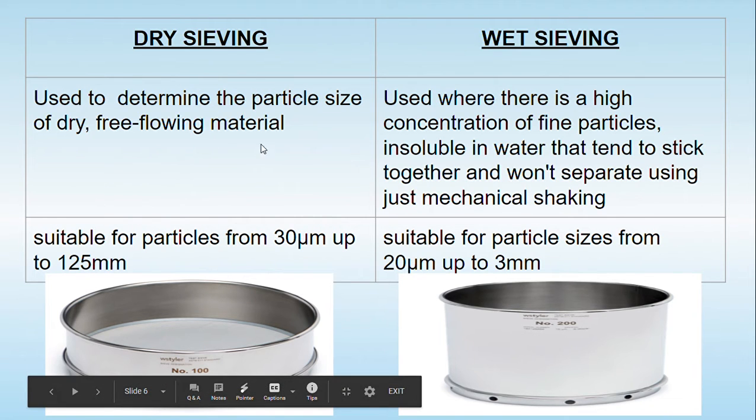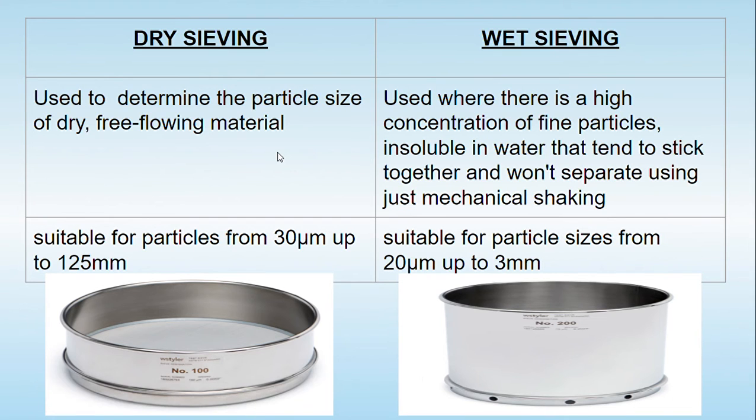Dry sieving is basically used to determine the particle size of dry free-flowing material, and it is suitable if the particles are in the range of 1330 microns to 125 millimeters. Wet sieving is used for determining the particle size distribution of insoluble solid particles in a liquid, which tend to stick together and cannot be separated by just mechanical shaking, and it is generally used for particle sizes from 20 microns to 3 millimeters.